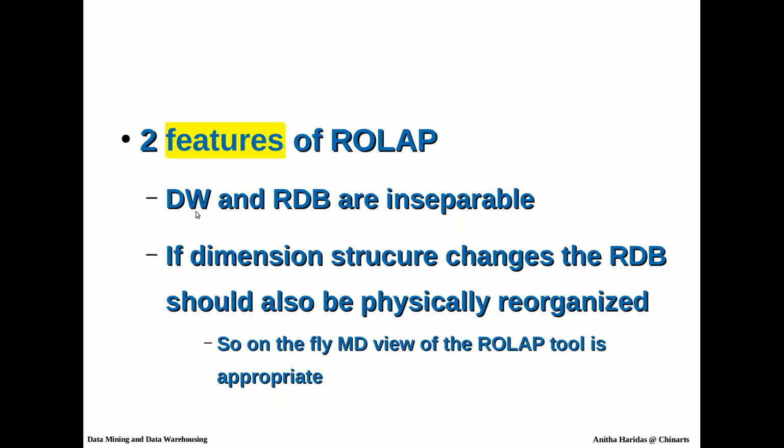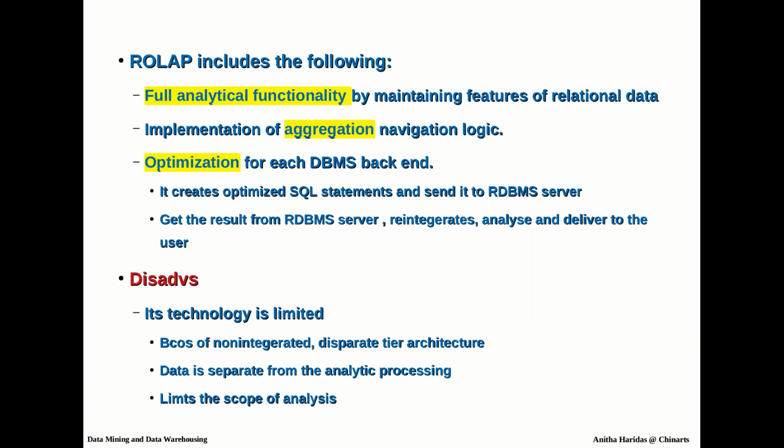Then these are the two features of ROLAP. One, the data warehouse and the relational database are inseparable. Whereas when we discussed the data warehouse, I have already told you the relational databases will be the data source from where we retrieve and integrate the data and store it in the data warehouse. So the data warehouse will be separate and the relational database will generally be separate if it is a multi-dimensional data view.